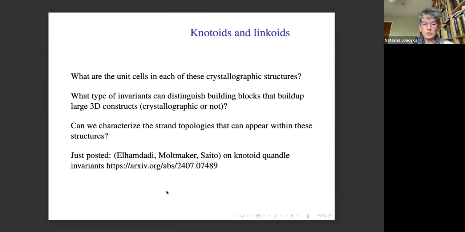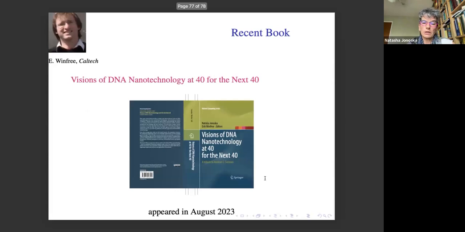And the recent paper by Mohammed El-Hamdadi, Wout Molwalker, and Masahiko Saito, from the group that I joined last year, was just posted last week. It introduced the notoid quantal invariants for these notoid structures that we are looking at.